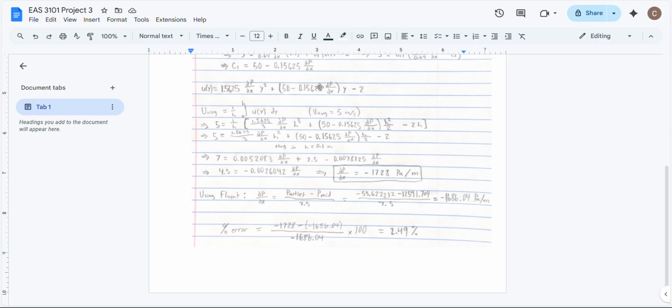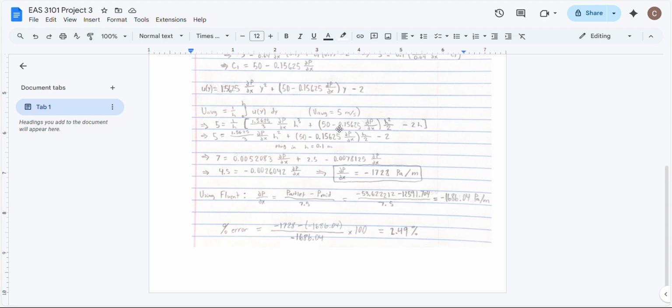Plugging this velocity profile in and taking the integral from 0 to h, we are left with 1.5625 over 3 times dP/dx h cubed plus 50 minus 0.15625 dP/dx times h squared over 2 minus 2h, all divided by h, and we can set this equal to 5 because we know that our average velocity is 5.